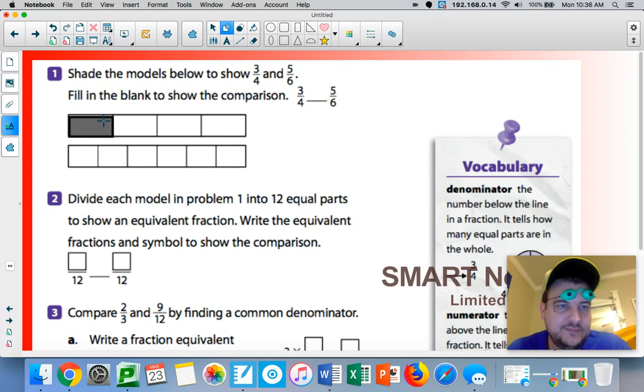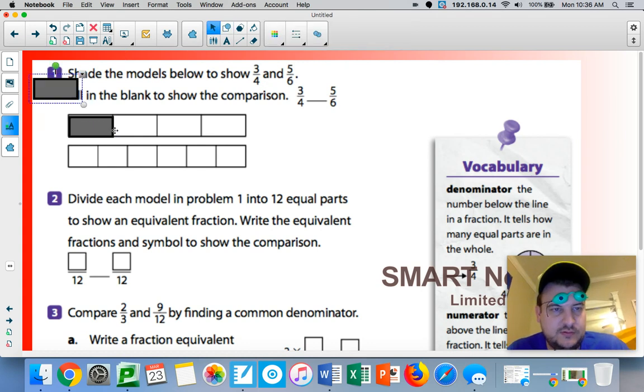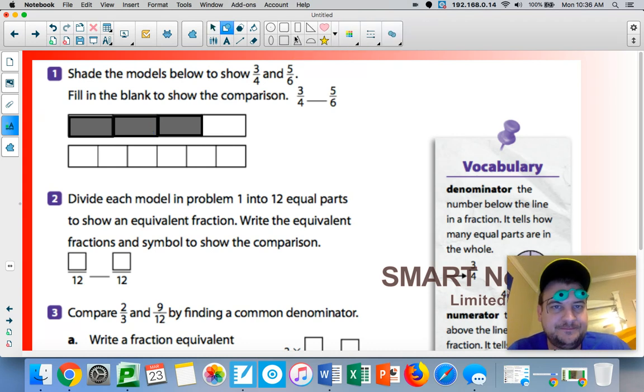There we go. All right, so we're coloring 3 of the 4. One, 2, and 3. So now we need to do another one. This one I'm going to do Batman blue.